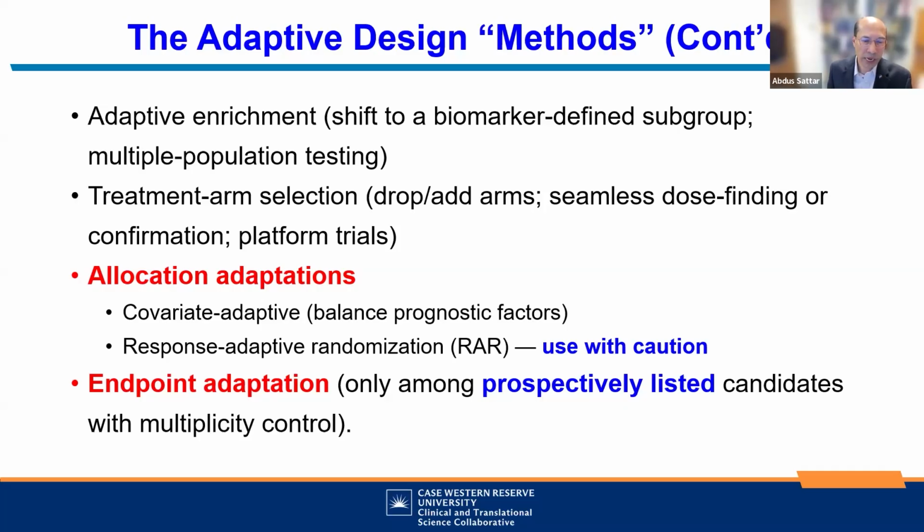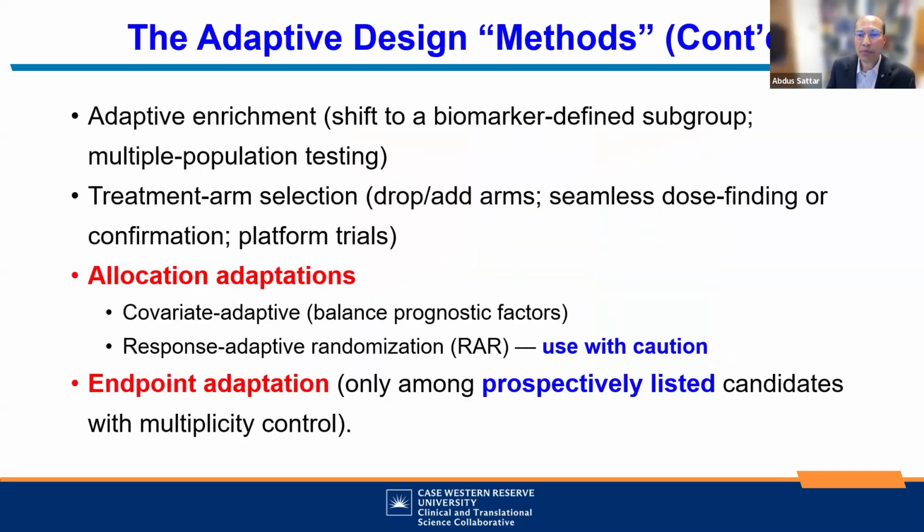And then endpoint adaptation: in an adaptive trial design, we can select or switch endpoints. Initially we may plan for a single outcome variable and then move to another one, but those have to be listed or pre-specified before starting the trial and clearly stated.